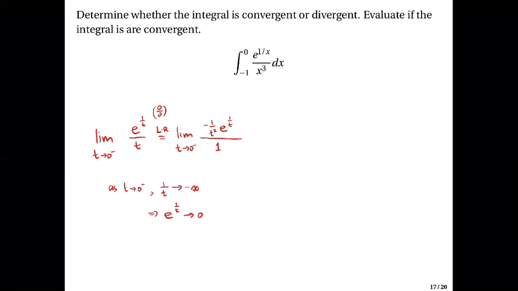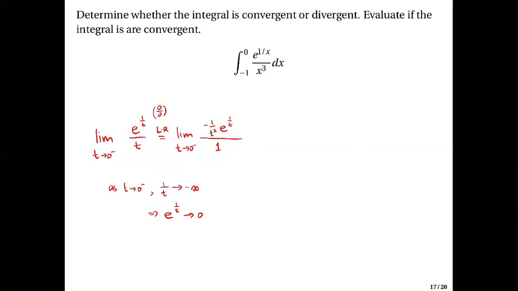So instead of applying L'Hopital's rule on this expression here, we will rewrite it. What we are going to do is to put this on the denominator, and then the 1 over t that is in this part, I'll put in the numerator.